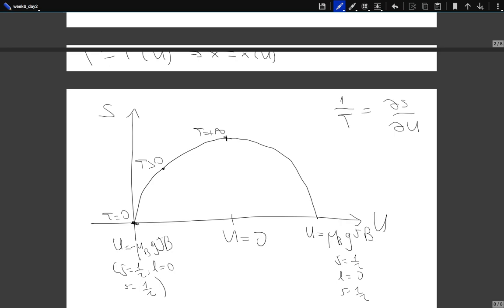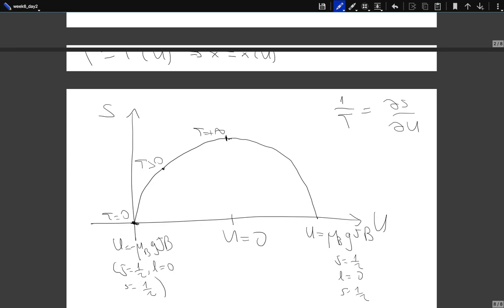But we can still increase U, because there's no limit on U, so we can keep on increasing. Well, the limit is not 0 at least. If we keep increasing U, the entropy starts decreasing. So dS over dU becomes negative.